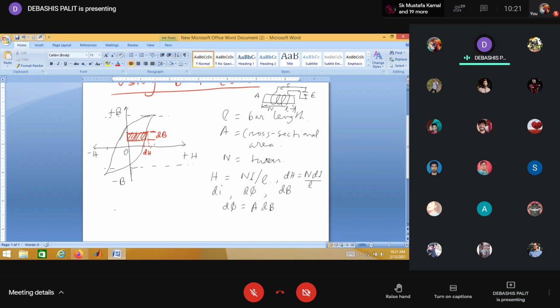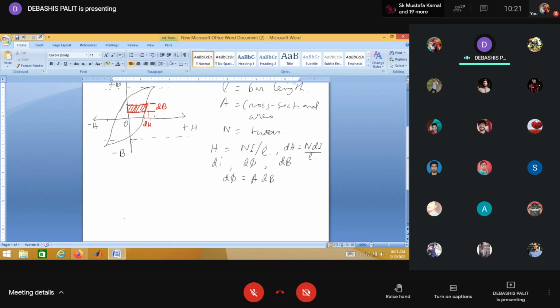Now, the induced EMF due to the change of flux linkage, E, is equal to N d phi by dt, the rate of change of flux linkage according to Faraday's law of electromagnetic induction. So that is equal to N into A dB by dt, NA into the rate of change of flux density.